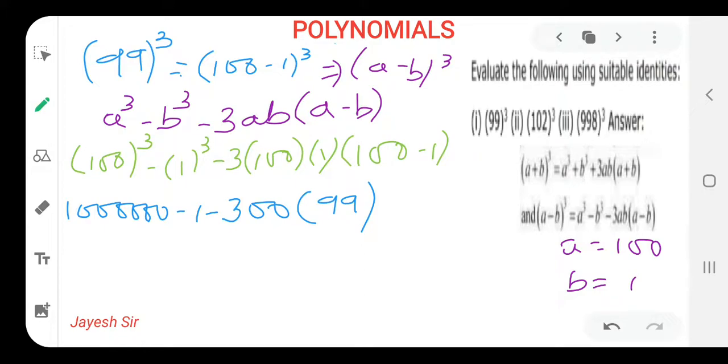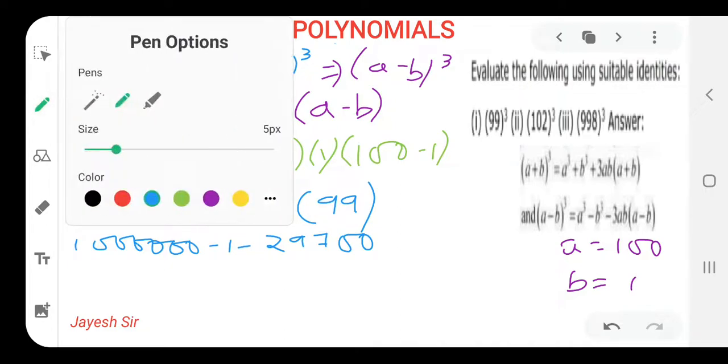So 6 zeros are there, minus 1, minus 300 into 99. So 300 into 100 is 30,000, minus 300, that would be 29,700. How have I done it? I have done it with the distributive property only.